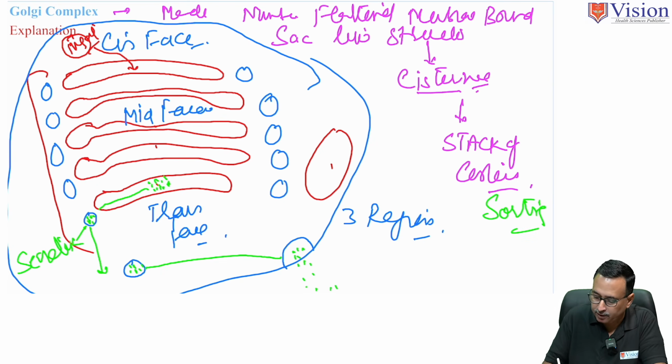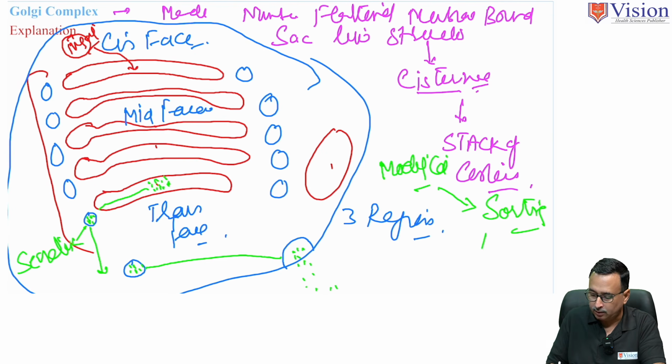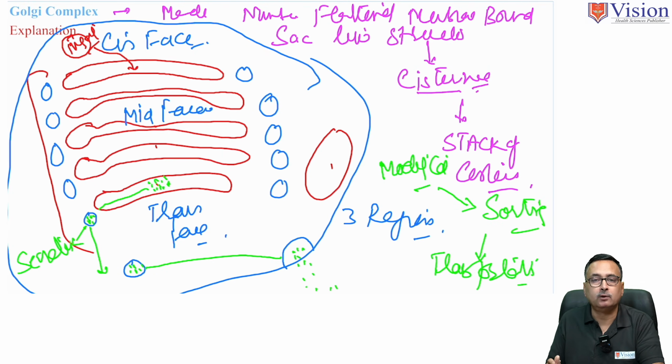One is modification. It carries out the modification of molecules. Afterward, there is sorting of mature molecules. And the third one is transportation of mature molecules to their destination.